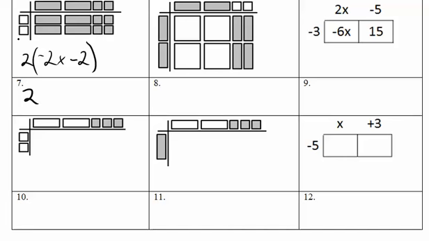So when I multiply all of those out with the distributive property, I'm going to get negative 4x, and you can see it here in the blocks, minus 4. 2 times negative 2 is negative 4. So we just write this.